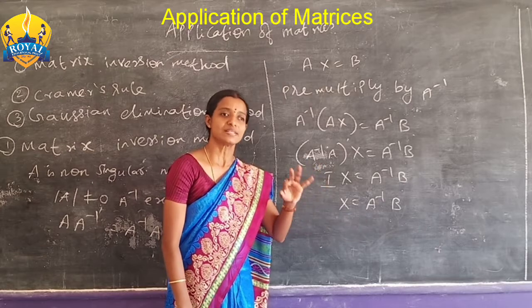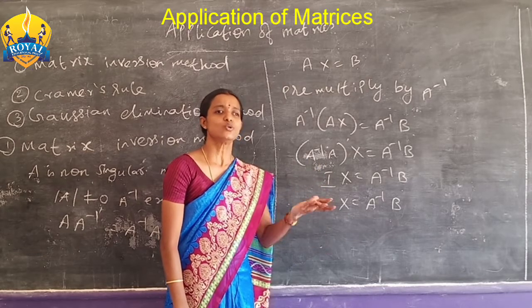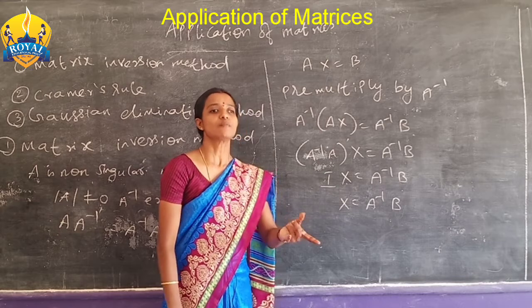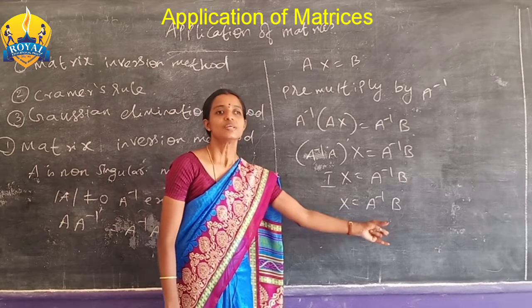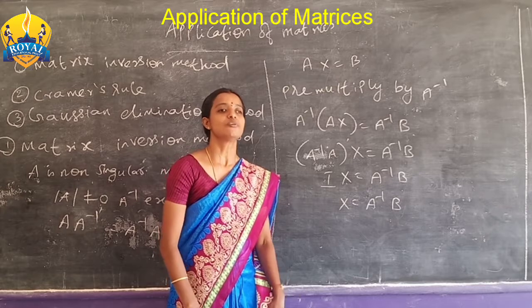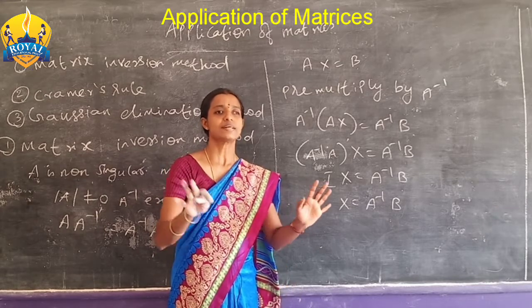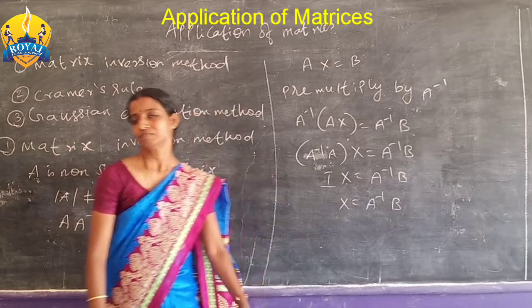If a question says solve by matrix inversion method, you automatically go ahead with the formula x equal to A inverse B. So now let us get into the problems of how to solve a system of equations using the matrix inversion method.